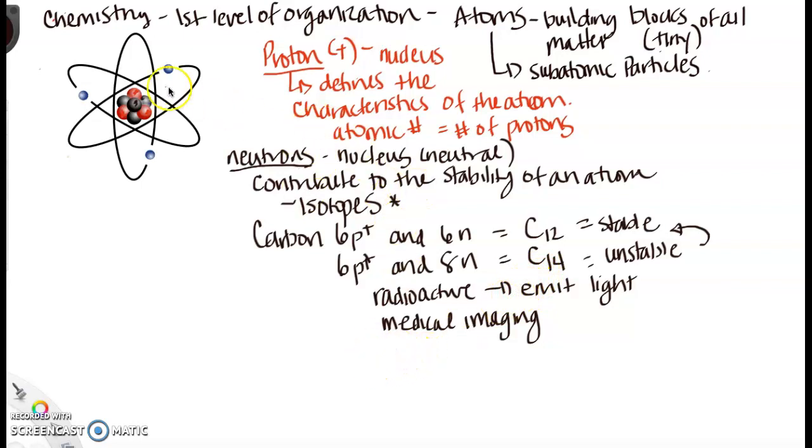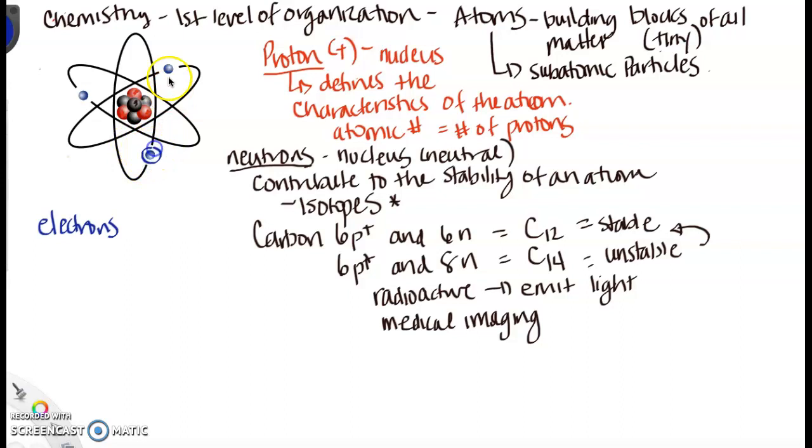So the last thing we see on here are the electrons. So put this over here. And electrons are tiny, tiny, tiny. Most of the weight, when we talk about the atomic weight of an atom, comes from the protons and the neutrons. The nucleus is what weighs a bunch. The electrons don't weigh hardly anything.